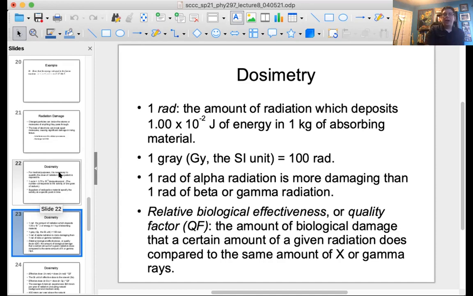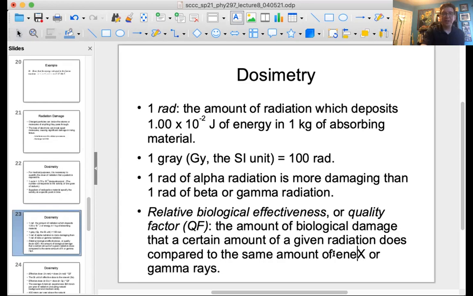So you basically come up with an empirical number defining how much more damage alpha radiation will do compared to the same amount of energy from X-rays or gamma rays.